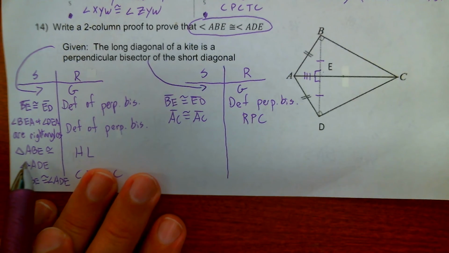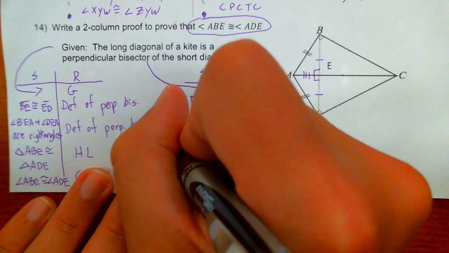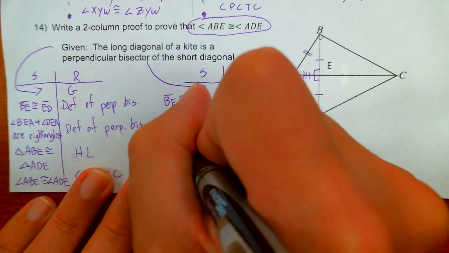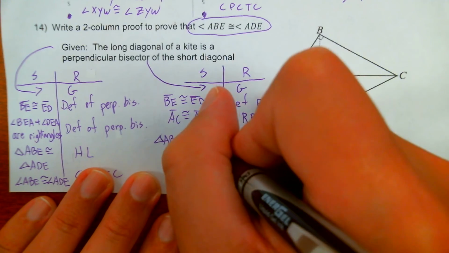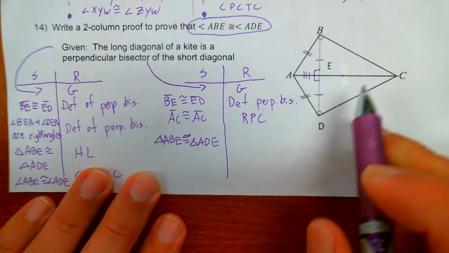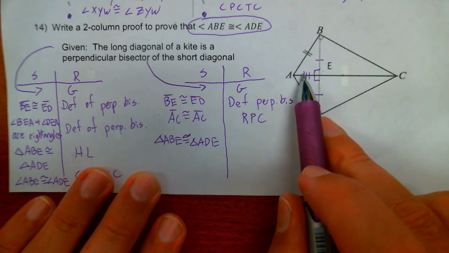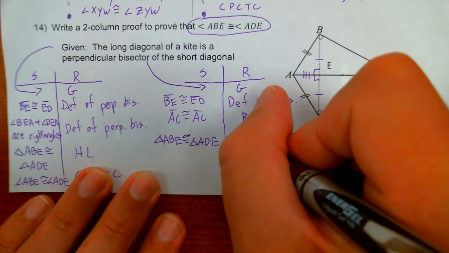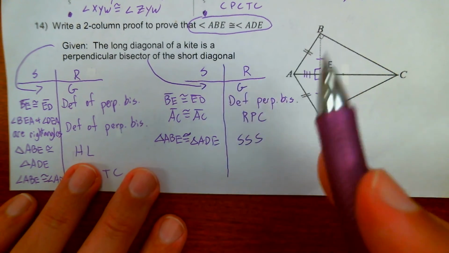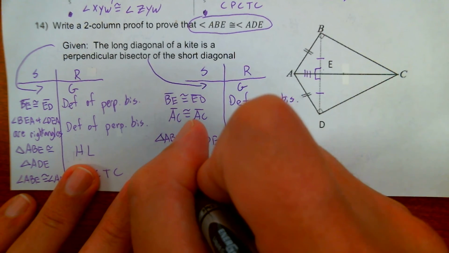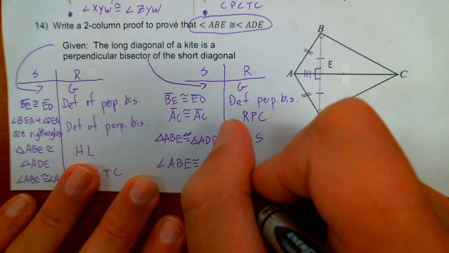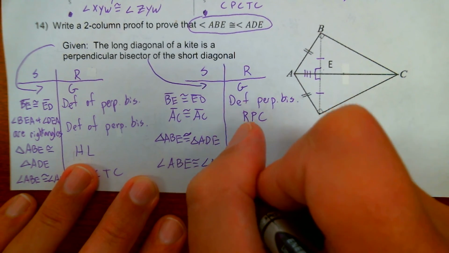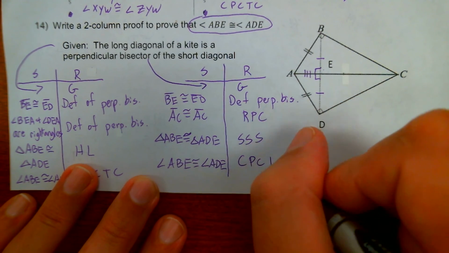I'll do the same thing I wrote over here. Triangle ABE is congruent to triangle ADE because of side, side, side. And then I can do the last step again. Angle ABE is congruent to angle ADE because of CPCTC.